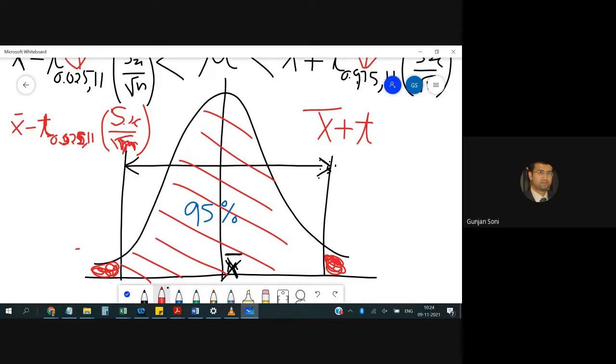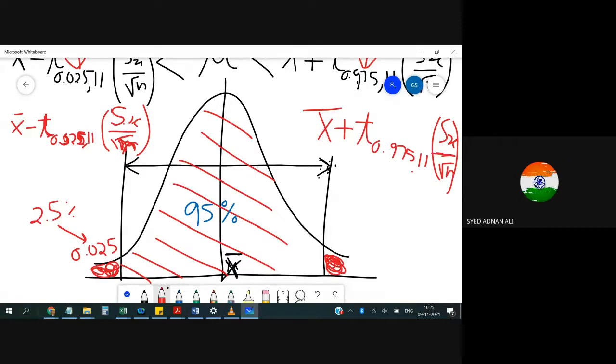Till this point the area under the curve was 0.025 on the left, and this is 95%, so the area till this point is 95 plus 2.5, which is 97.5%. Converting into fractions, it is 0.975 comma 11, Sx by root n.